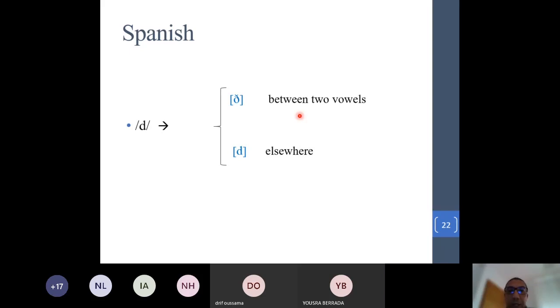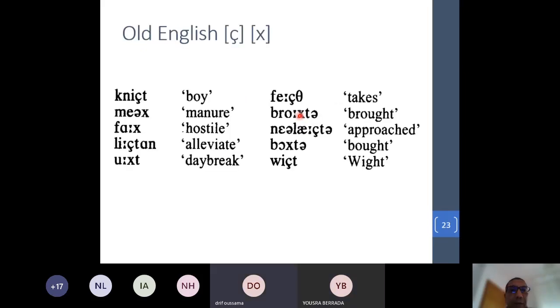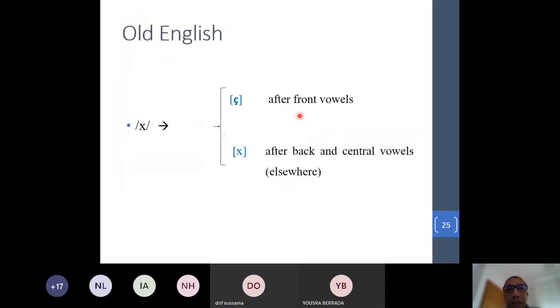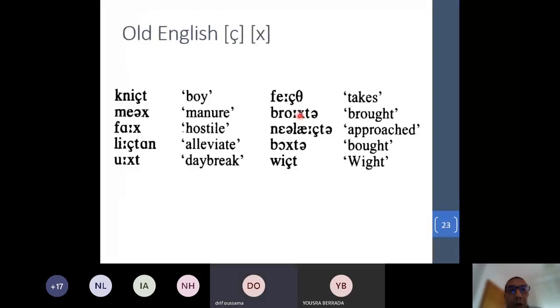Now, I think this is the last data, from Old English. We have two sounds, the voiceless velar fricative and the voiceless palatal fricative.